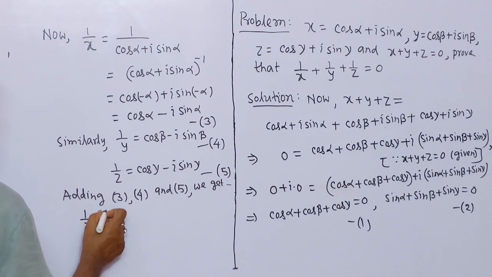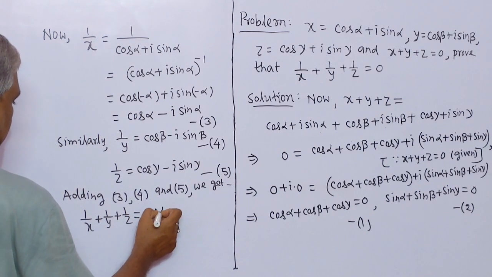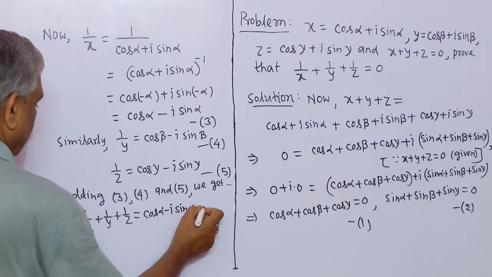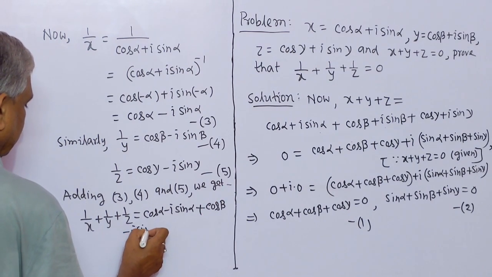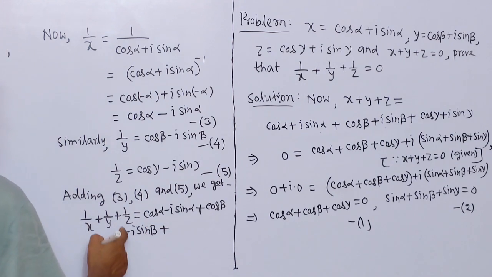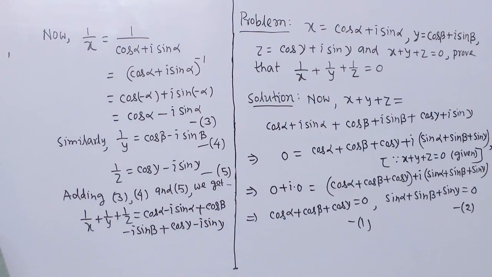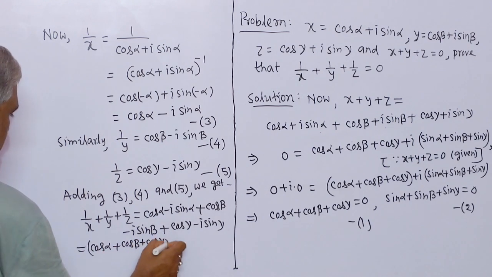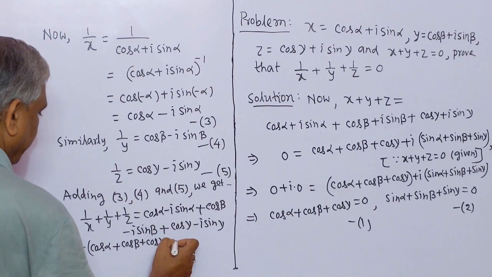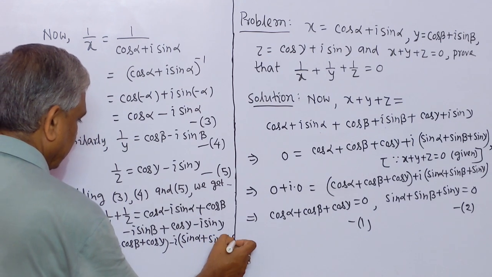1 by x plus 1 by y plus 1 by z. 1 by x is cos alpha minus i sin alpha, plus 1 by y is cos beta minus i sin beta, plus 1 by z is cos gamma minus i sin gamma, and this will be equal to cos alpha plus cos beta plus cos gamma minus i times sin alpha plus sin beta plus sin gamma.